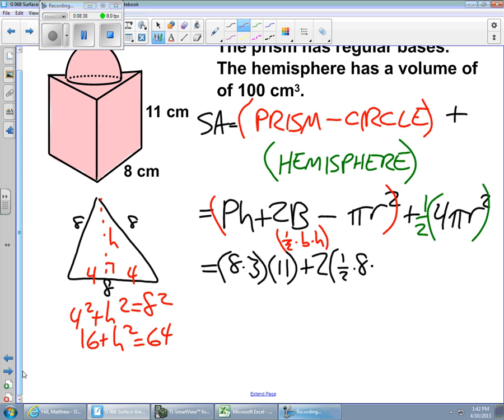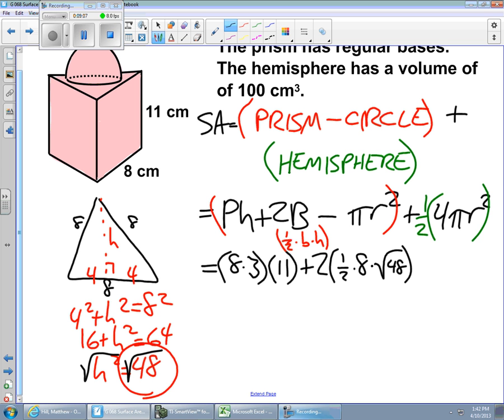Subtract 16 to the other side, and we have height squared equals 48. And then if we take the square root of both sides, we end up with height being square root of 48. So that is our height value. We can take that to our formula and just plug it in there for now.